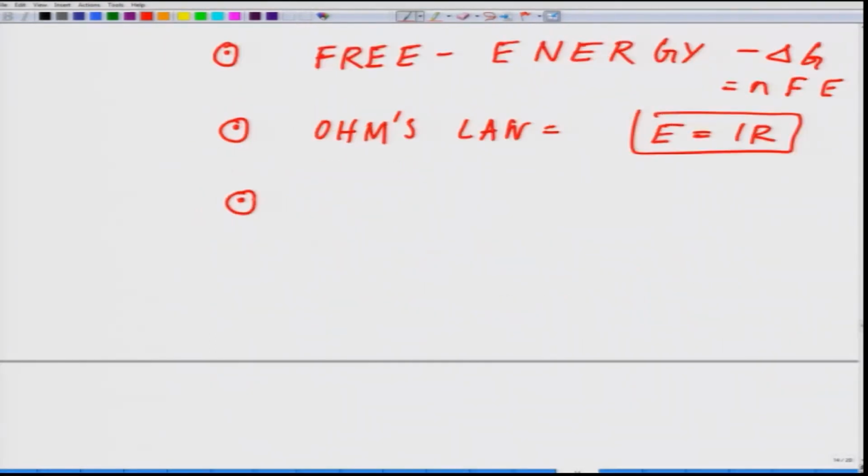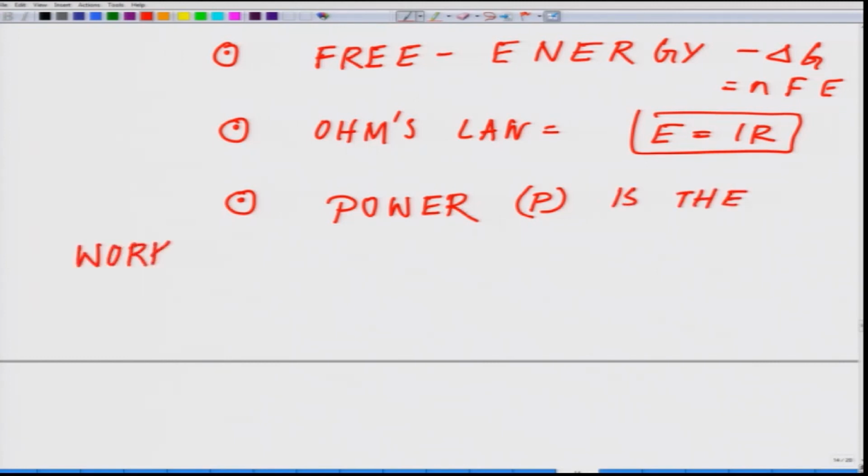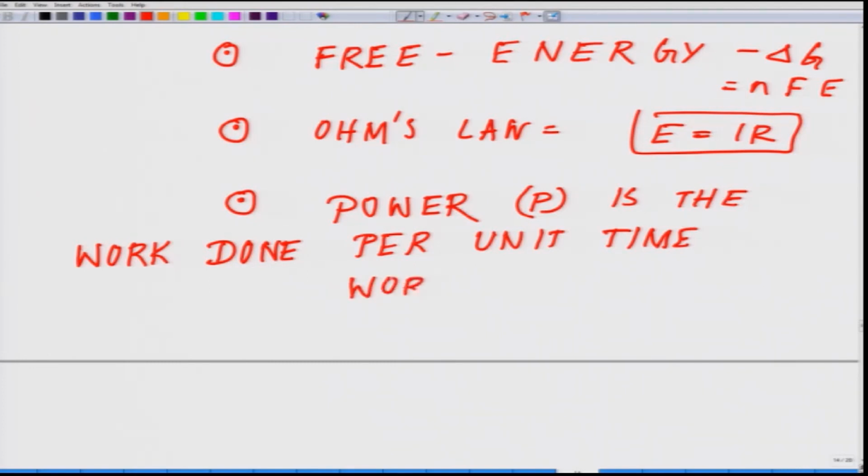And now we will talk about another relation, which is power. What is power? Power, represented by P, is the work done per unit time. In other words, W, the work done, per second, which is per unit time, represents power.